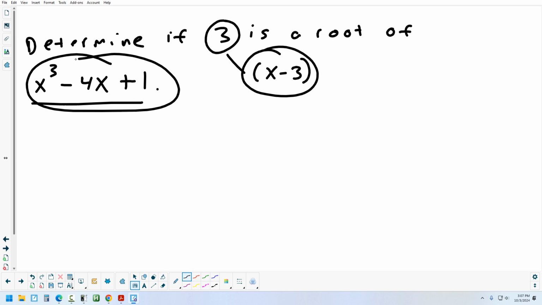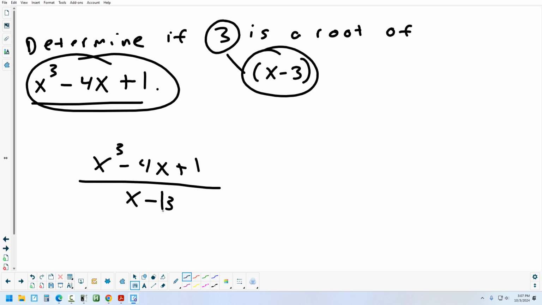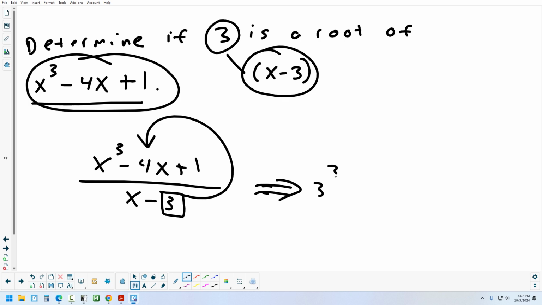So the remainder theorem says you have x cubed minus 4x plus 1. You take the number that's after the minus sign and you fill it into the top. When you do that, it will give you the remainder when you do out the long division. Okay, so let's do it. We're going to get 3 cubed minus 4 times 3 plus 1.